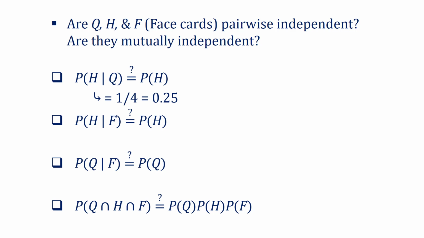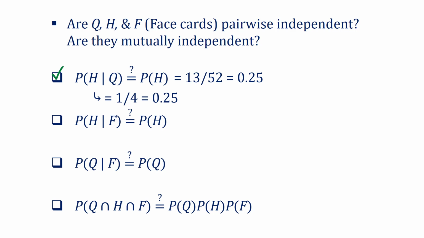What about unconditionally? Without knowing anything about the card, what's the probability that it's a heart? Well, there are 13 hearts in the deck out of 52. That's also 0.25. So, yes, this confirms what we saw earlier using a different comparison, but hearts and queens are independent.